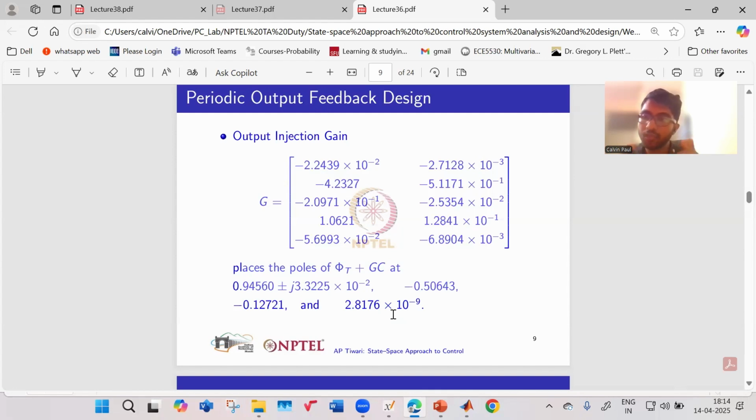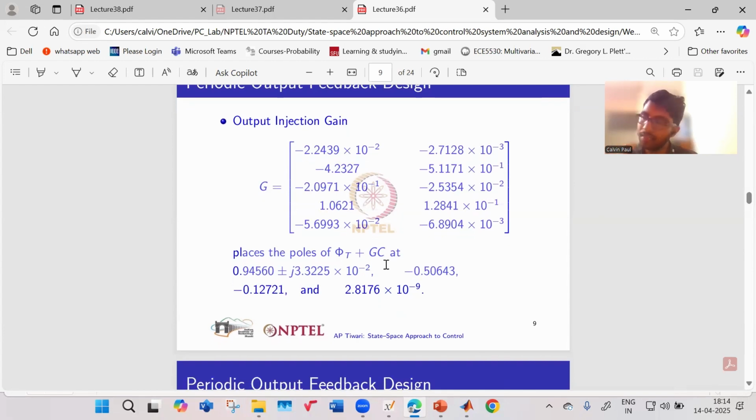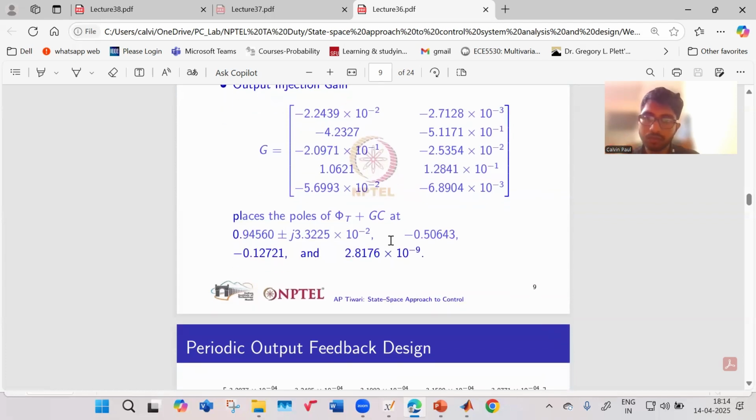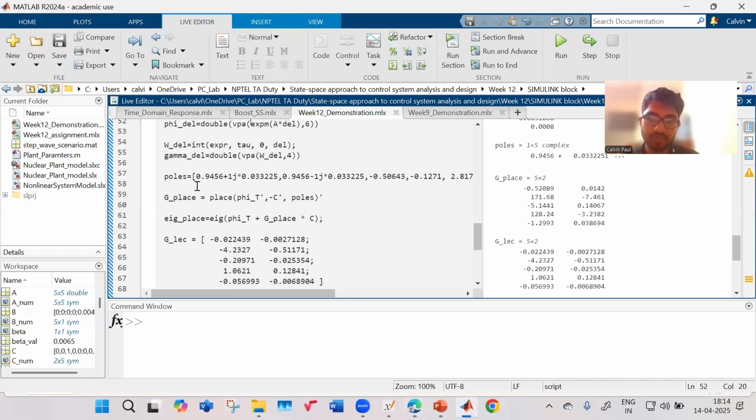Then for periodic output feedback design, the poles are placed at phi t plus GC. This is where we place the closed loop poles. So we consider phi t, and C remains the same, and we have to select some G. We can use place.